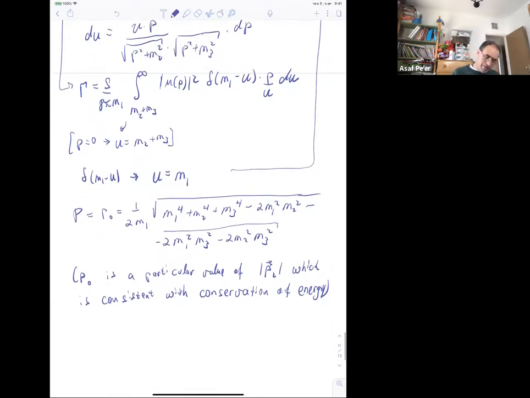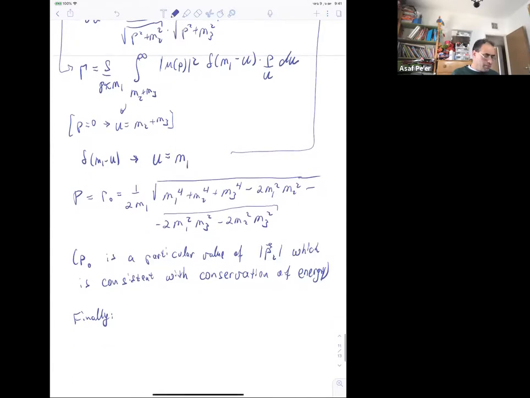So finally, we get that gamma is s over 8 pi m1 squared, times the magnitude of p, times the matrix element squared. That's it.